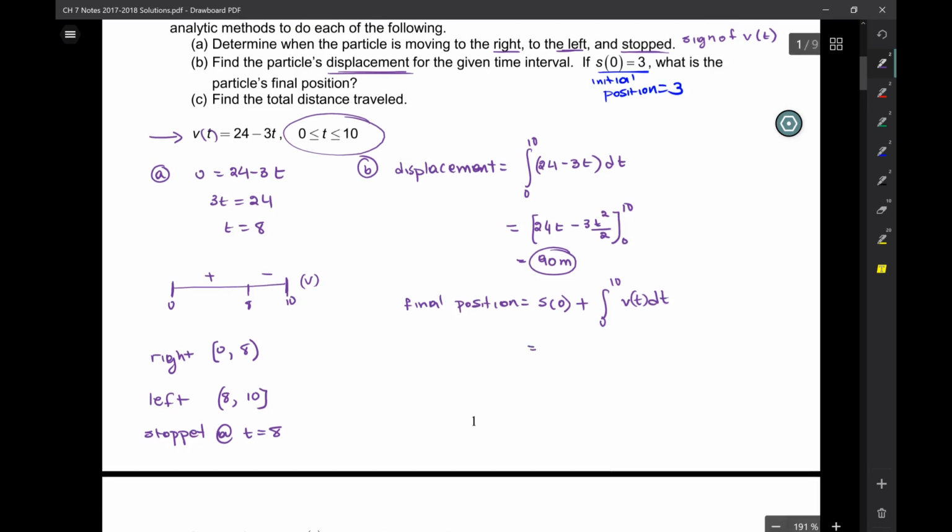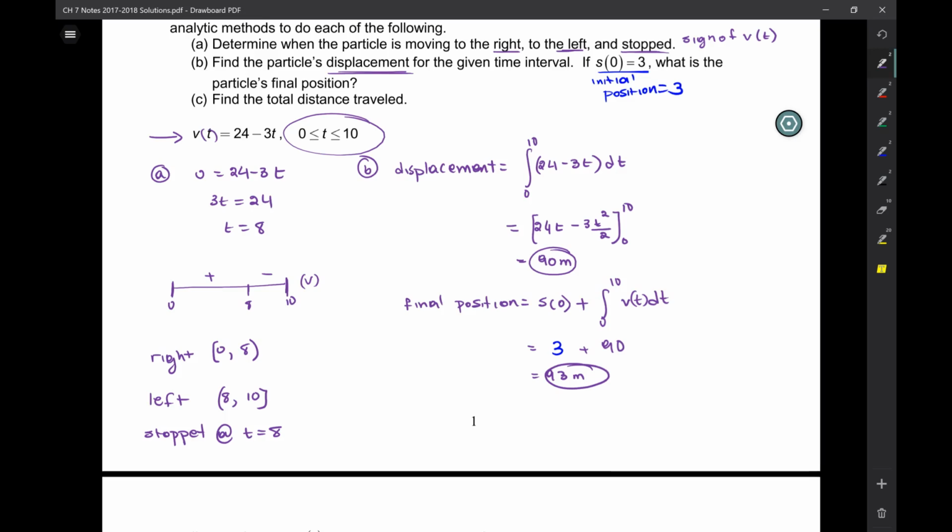Now, the initial position was at 3, plus it got displaced by 90, so now it's at 93 meters. Final position. 3 was the initial position here. Initially, it was at 3.